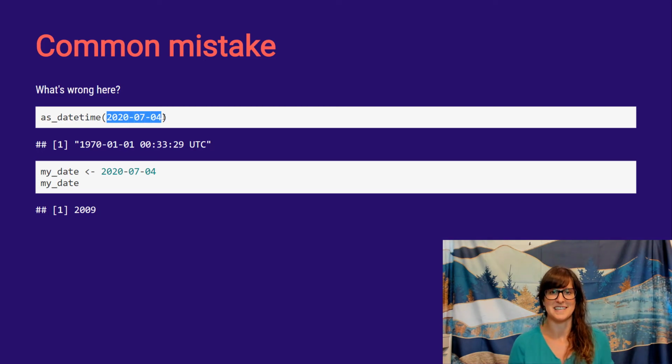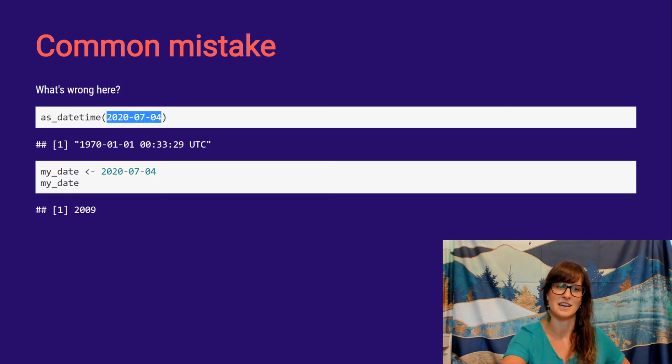What's wild about this as_DateTime function is that you can give it a number, and it considers that number to be the number of seconds since 1970. Why? I don't know. Computer programmers decided that January 1st, 1970 at midnight, that's the starting point, and we'll count up or we'll count down from there. So the DateTime object of 2009 is 2009 seconds since midnight, January 1st, 1970.